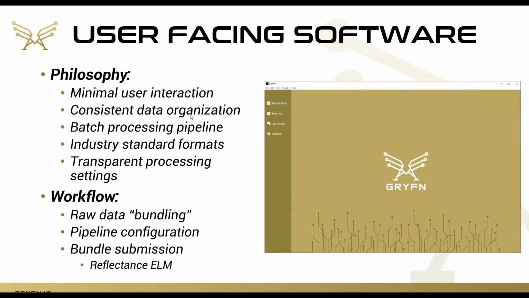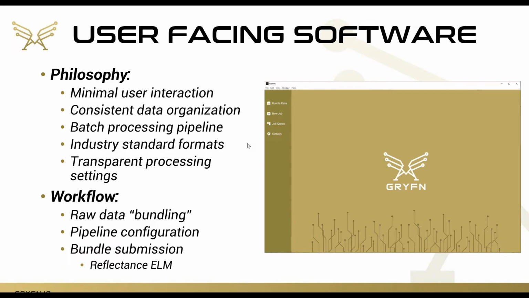We do this through what we call a batch processing pipeline. Users are able to queue multiple jobs in a stack, and then process those with consistent configuration over time. We're using industry standard formats in a very transparent processing process. So it's not trying to be a black box. We give access to the user to adjust as much of the settings as possible.